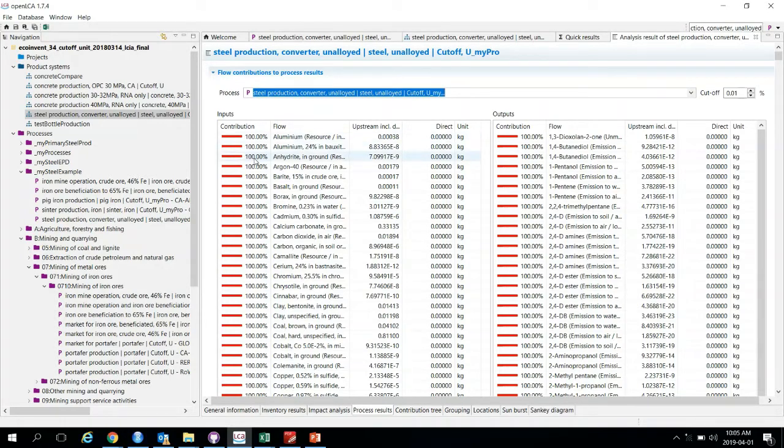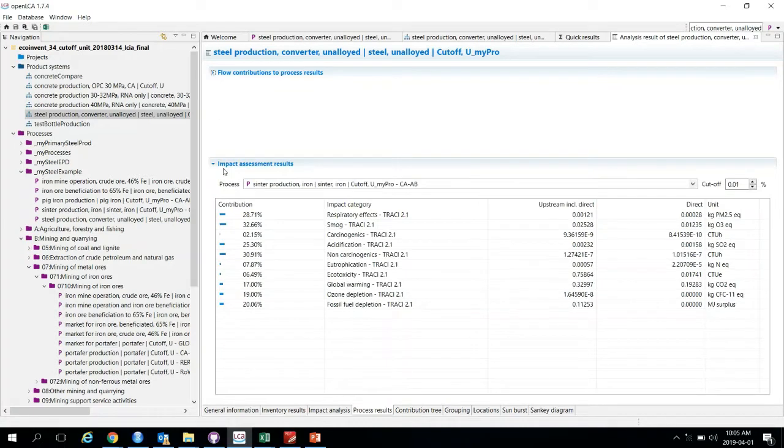That basically means this is showing you, for that particular activity, what it's responsible for from direct and upstream impacts. Since this is the last activity in the system that's pulling on the demand for the rest of the system, it's responsible for all of the impact. And so it has that breakdown for flow contributions and also impact assessment results.